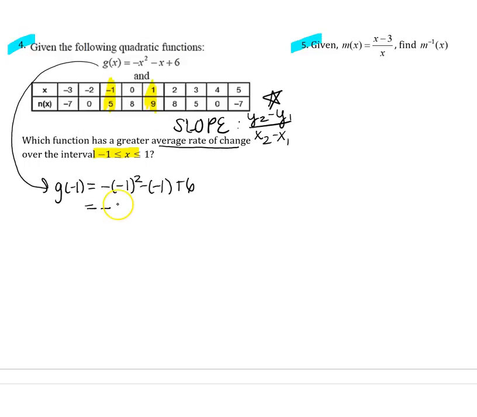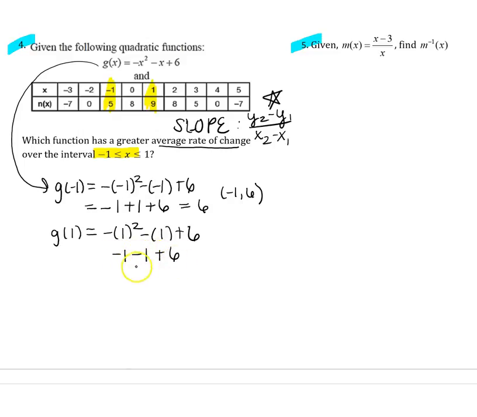That's 1 plus 1 plus 6, which then is 8. Wait, the squared term gives 1, so our first coordinate is negative 1, 6. g of positive 1 is 1 squared minus 1 plus 6. So that's 1 minus 1 plus 6, which is 6. So our other coordinate is then 1, 4.